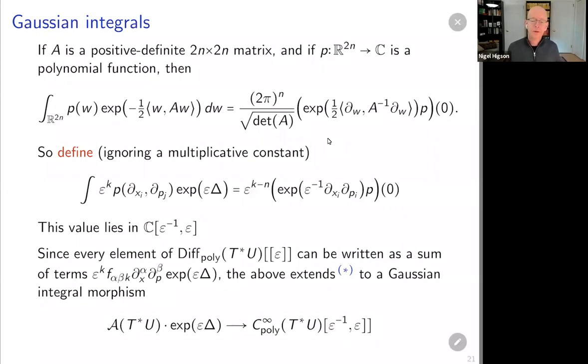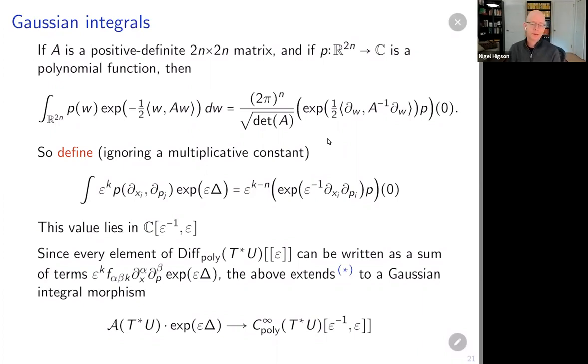I'll just do what would apparently come natural to a physicist, and then I won't necessarily get a number because this formal variable epsilon appears. I'll get something which is a Laurent polynomial in epsilon. And it's a little important to be worried about just how many negative powers of epsilon are going to be involved here. I won't go into that in detail, but you might see a little asterisk a couple of lines down. And so I'll do a little bit of worrying on the next page.